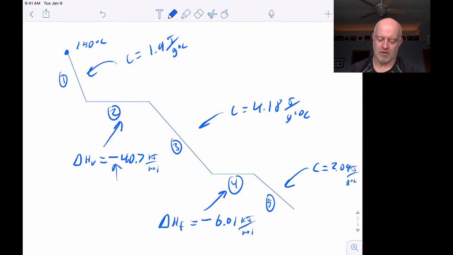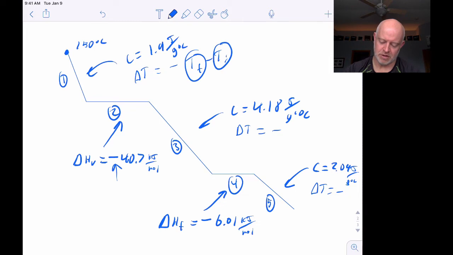Now, for each of these legs, I would expect a temperature change to be negative because I am cooling it down. Remember, temperature final minus temperature initial, my final should be smaller than my initial. So we should get a negative answer for each of these five legs.